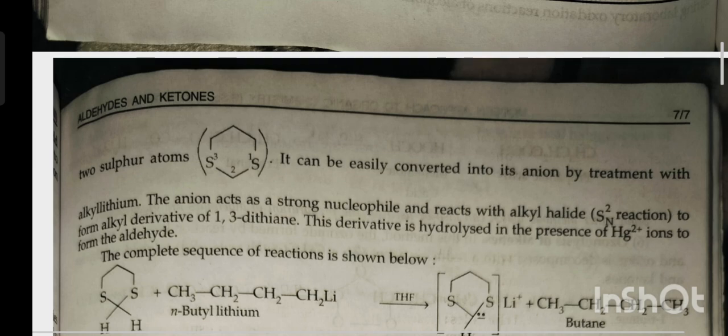The anion acts as a strong nucleophile and reacts with alkyl halide by an SN2 reaction to form an alkyl derivative of 1,3-dithiane. This derivative is hydrolyzed in the presence of Hg2+ ions to form aldehyde. The complete sequence of reaction is shown below.